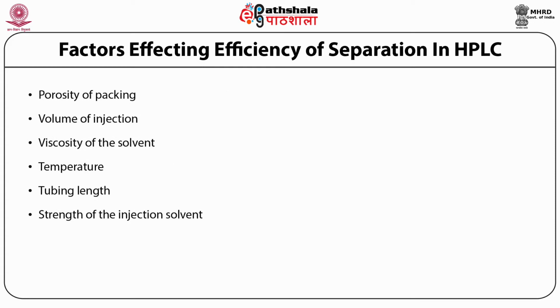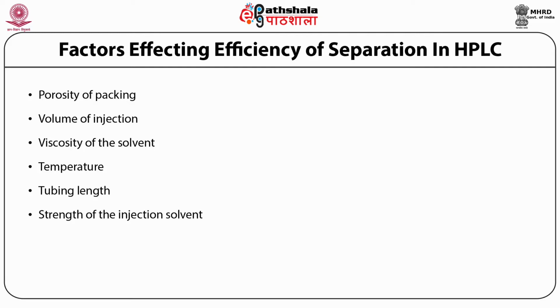Sometimes people drop the column on the floor from a height of 1 meter or 1.5 meters from the working bench, which can disturb the pack, and it can cause porosity, cracks in the column, and voids. These voids will cause malfunctioning of the column, especially when you get a separation.